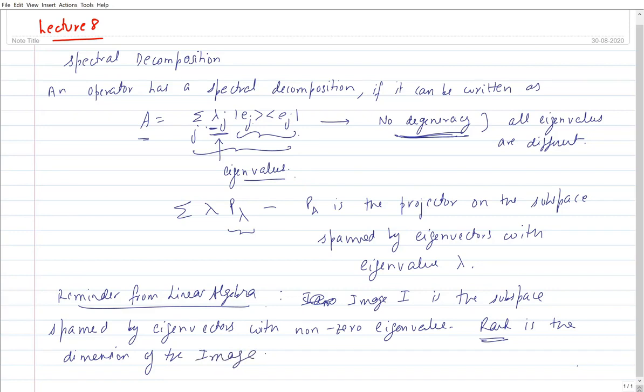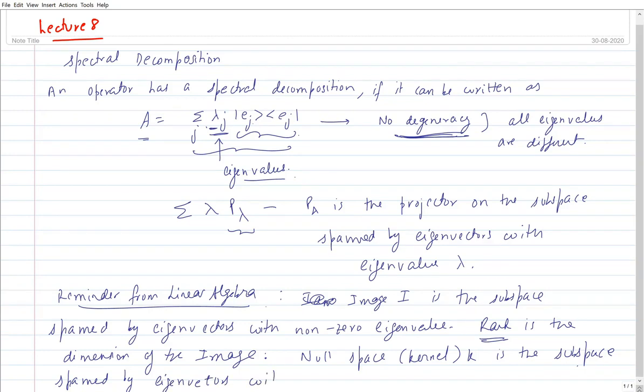And the null space or the kernel K is the subspace spanned by eigenvectors with 0 as eigenvalue.